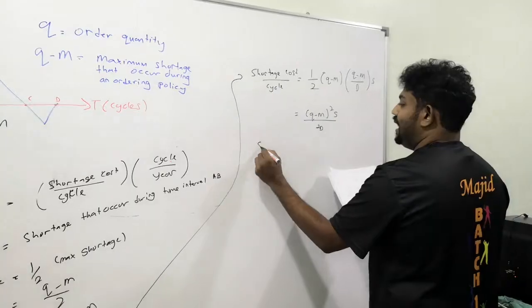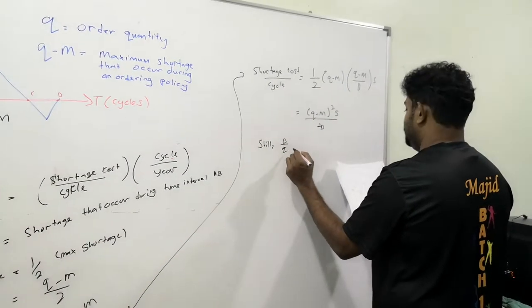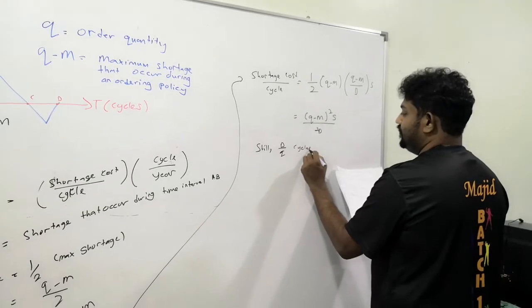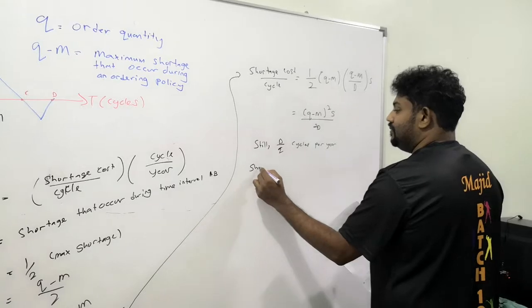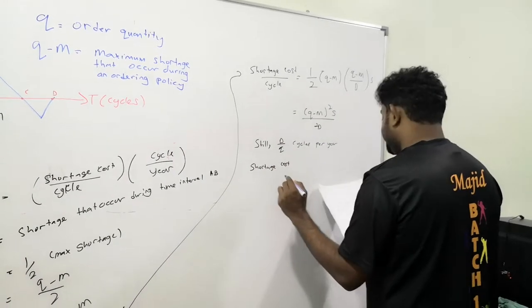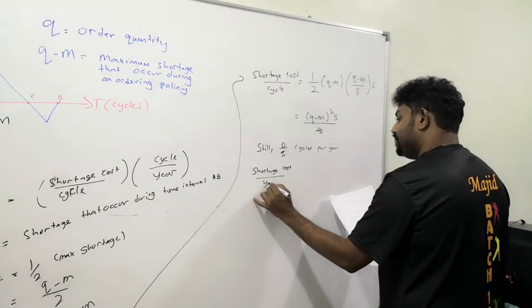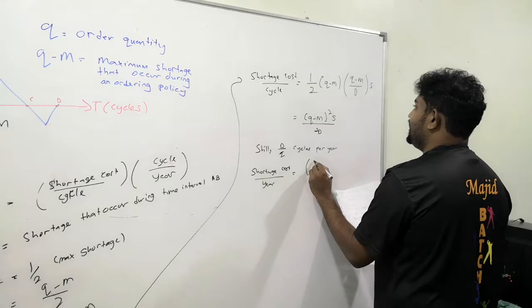Since we are still using D over Q cycles per year, we can calculate our shortage cost per year from our shortage cost per cycle.